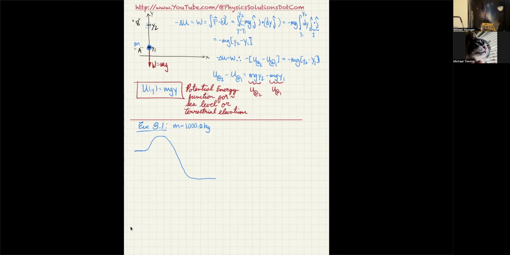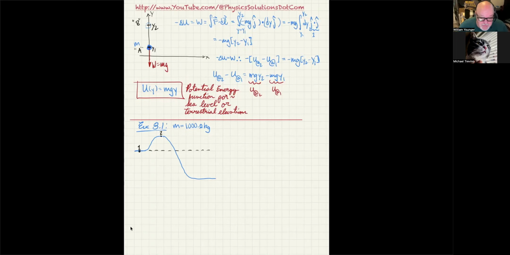And then it's level again. And what we're going to say here is that there's a different height for each of these places. This place right here is point 1. This place up here is point 2.